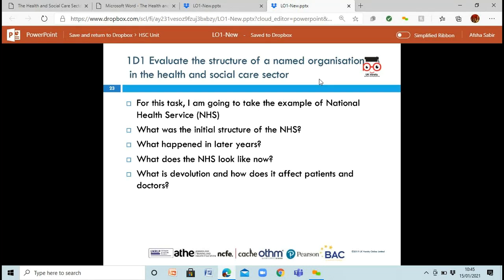I think Charity in the beginning summed up that this section looks like a historical overview of the NHS, which she was right. We're looking at what structures are within it and how it's been developed. We'll look at how the NHS was structured initially, what happened throughout the years, and what it looks like now. Then we'll look at something called devolution and how it's going to affect patients and doctors.